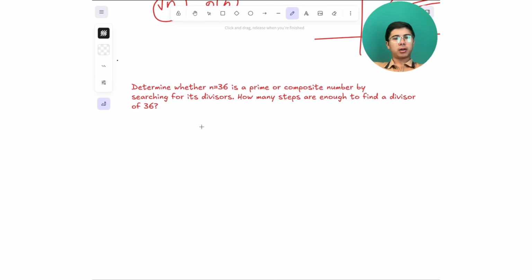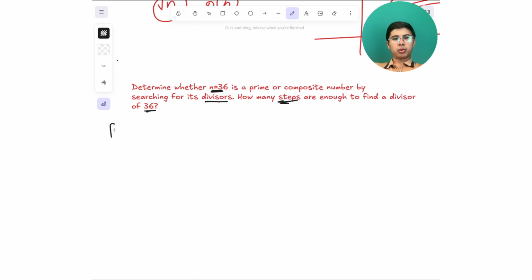How many steps are enough? It's asking to find the divisors of 36. So firstly, we need to find the divisors of the input number, and then return the steps needed to find them.